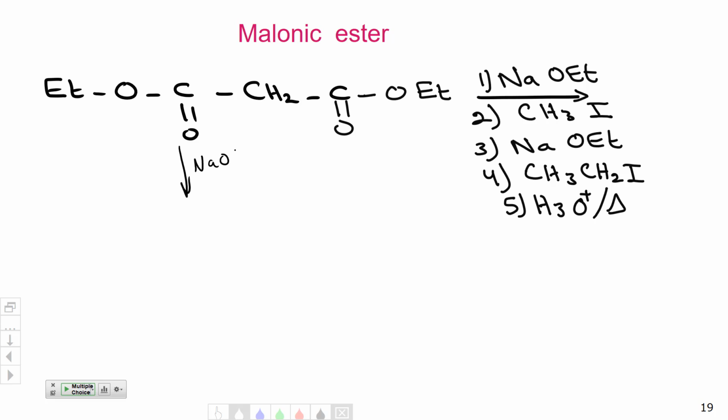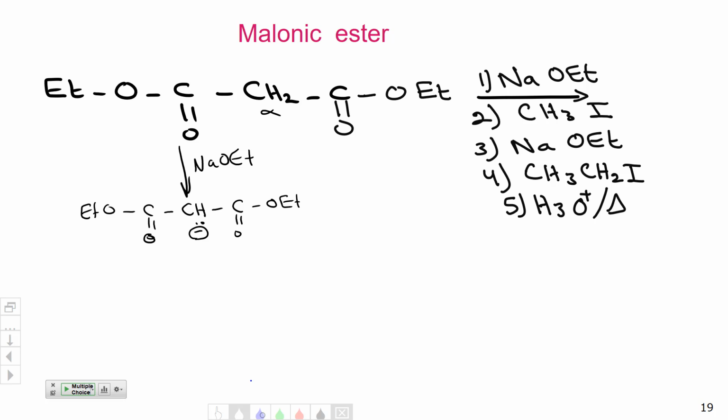So sodium ethoxide. The idea is the deprotonation of the most acidic alpha hydrogen. This is the most acidic one, because it is between 2 carbonyls and it is stabilized by resonance.